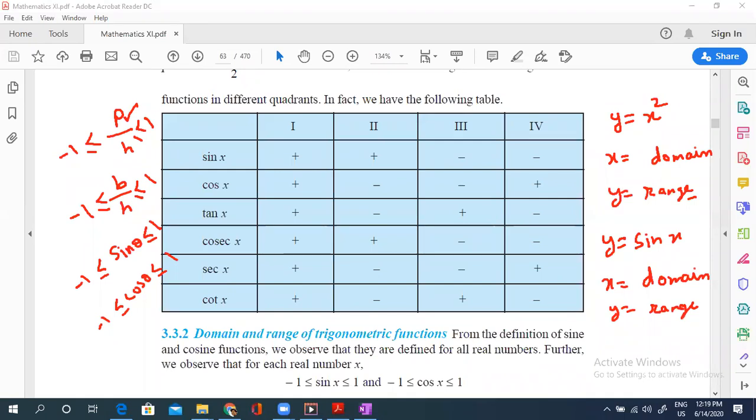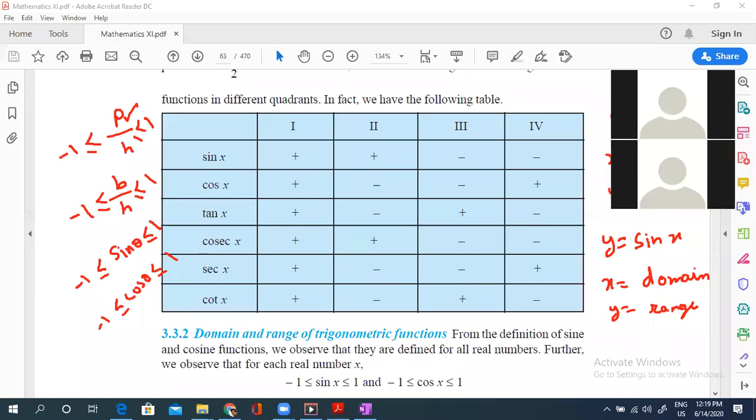Yes, independent is your domain, and the value of the dependent variable for a fixed independent variable is your range. Okay, right? The maximum and minimum values. Got it?